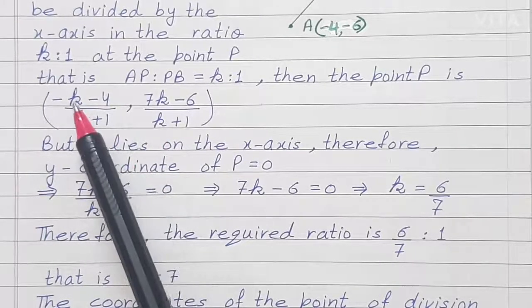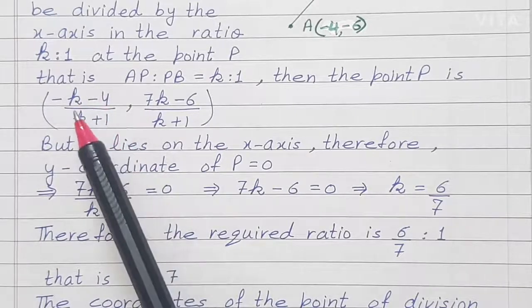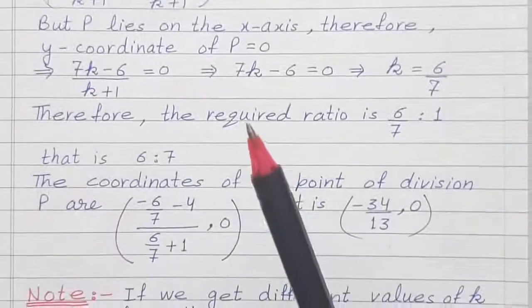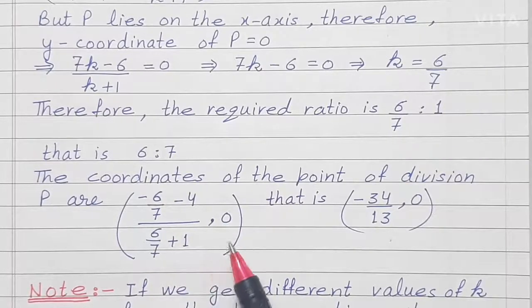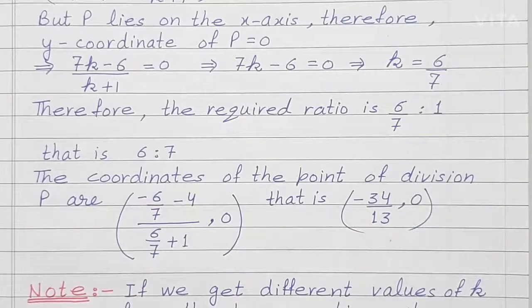So here k is 6 upon 7, and it will become (6/7 into -1 plus -4) upon (6/7 plus 1), and y is 0. So the answer is -34 upon 13, and 0. I hope it is clear to you.